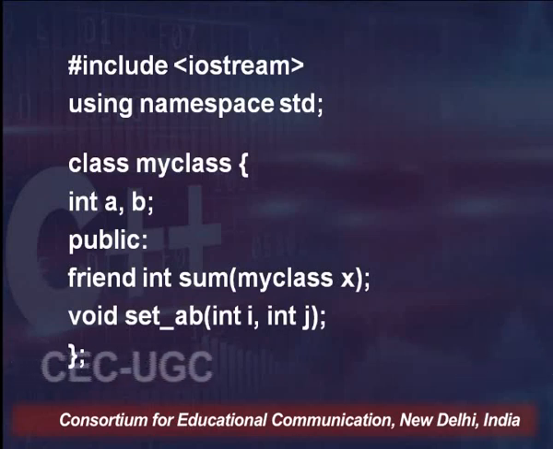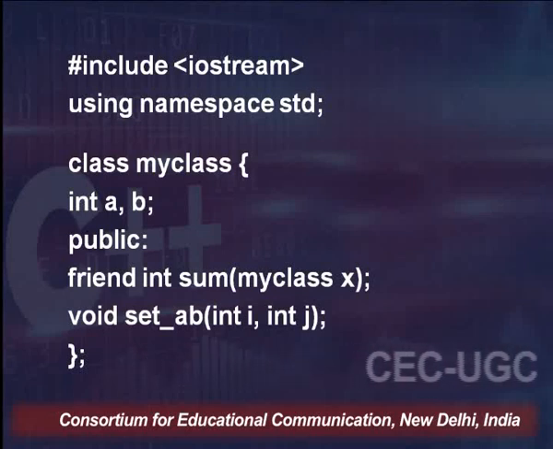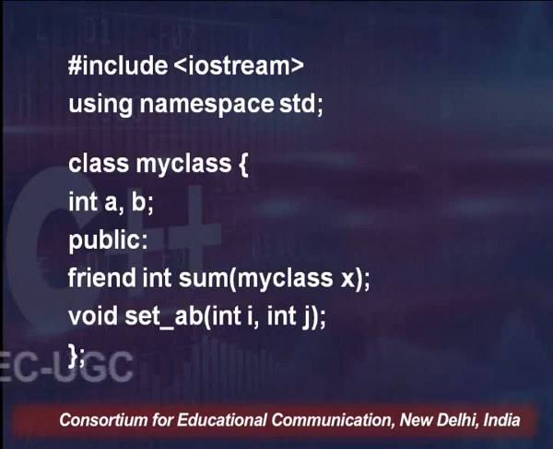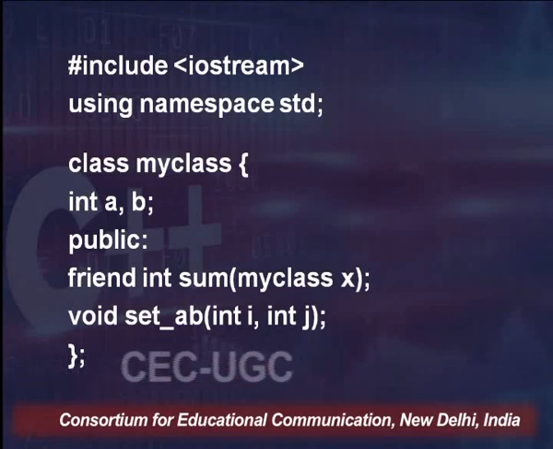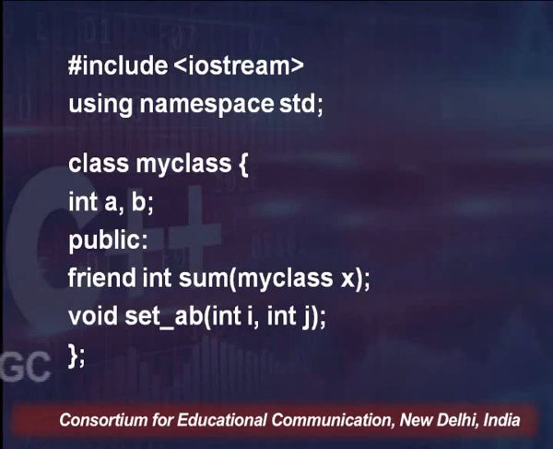So in this MyClass structure, I have two private variables, a and b, whose access specifier is private, and within the public section I have two functions. One is sum, which is a friend function to this class because it is declared inside this class with friend, and another function which is not a friend function.